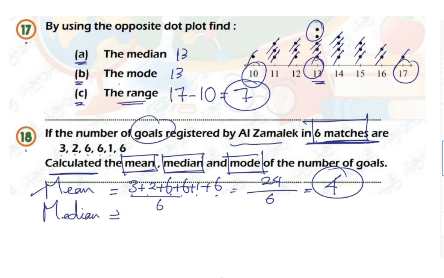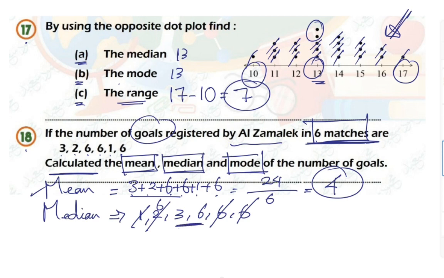And the median. To find the median, what do we do? Rearrange these values ascendingly. Where is the smallest value? 1, then 2, then 3, 6, 6, 6, right? After that, I will delete one from right, one from left, one from right, one from left.